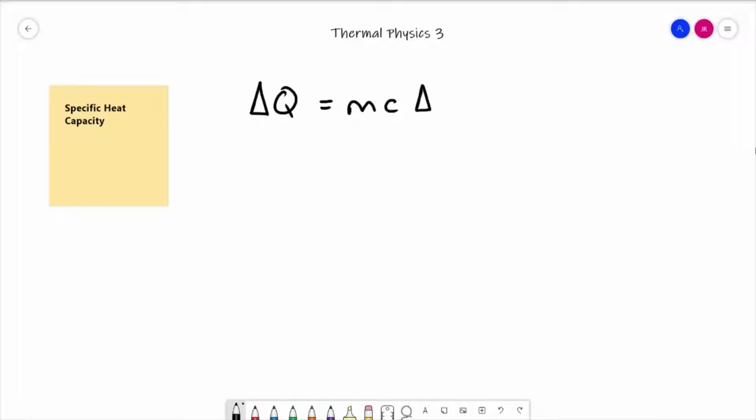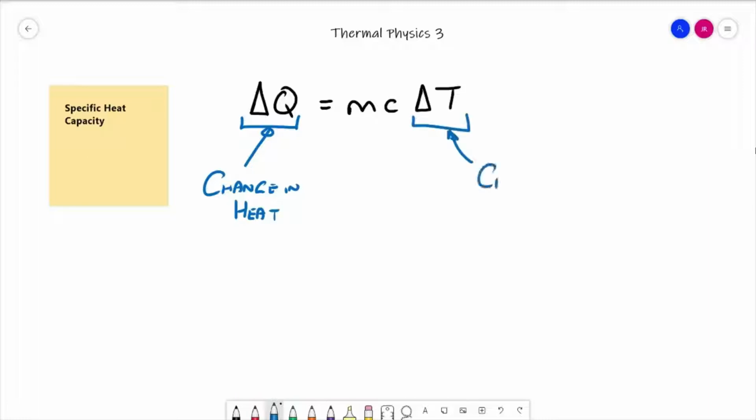to mc delta T. And just to remind you, delta Q was change in heat and delta T over here was change in temperature.